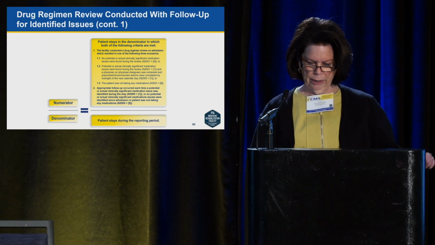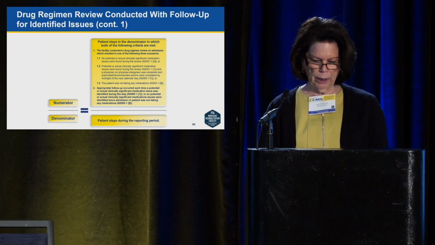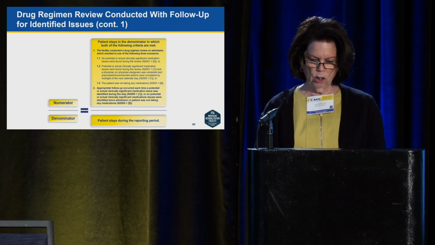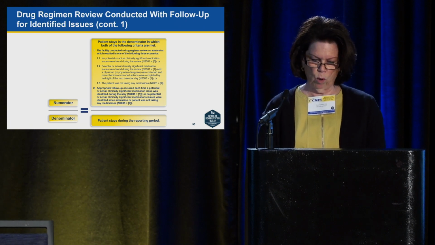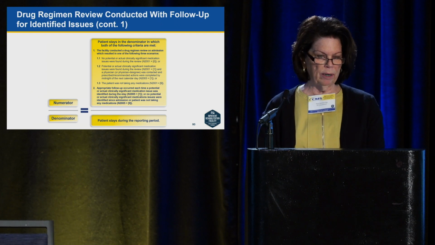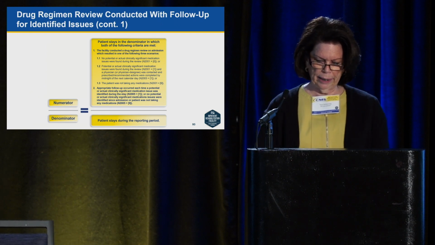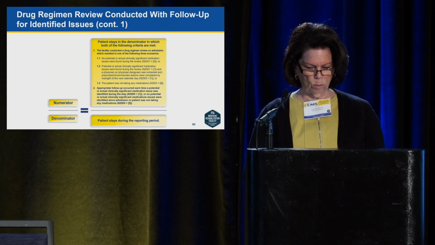The second criteria is that appropriate follow-up occurred each time a potential or actual clinically significant medication issue was identified during the stay, or N2005 equals 1, or no potential or actual clinically significant medication issues were identified since the admission, or the patient was not taking any medications, and N2005 equals 9.